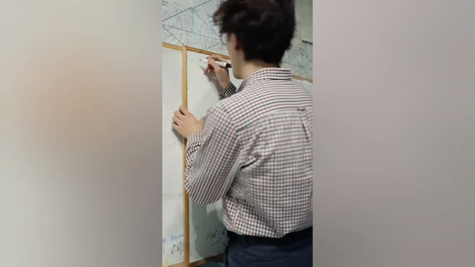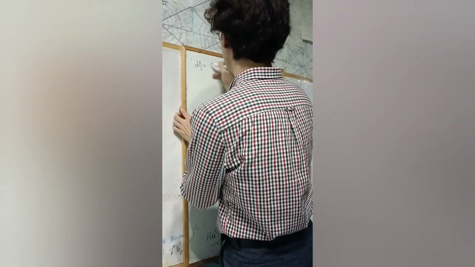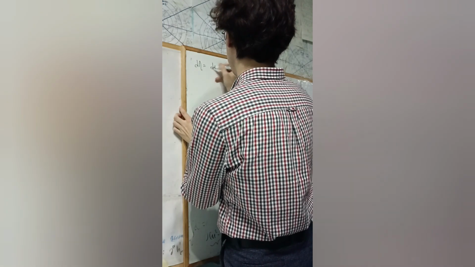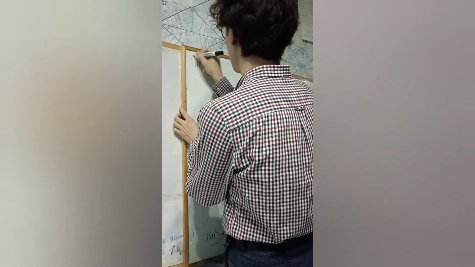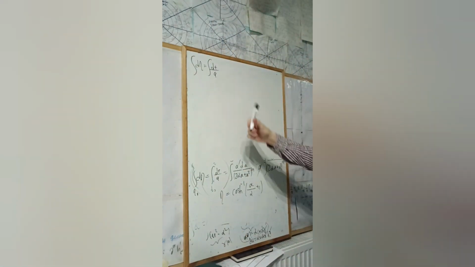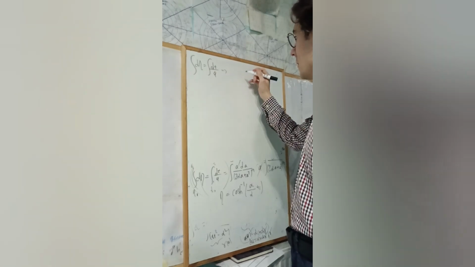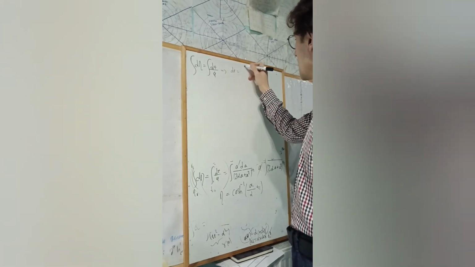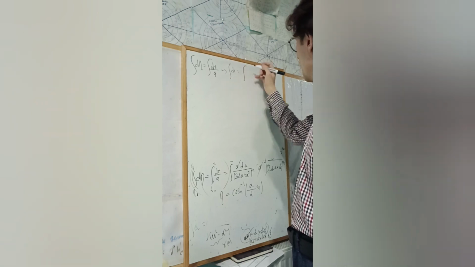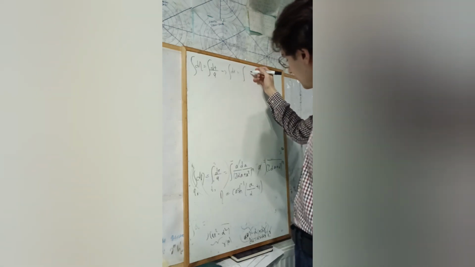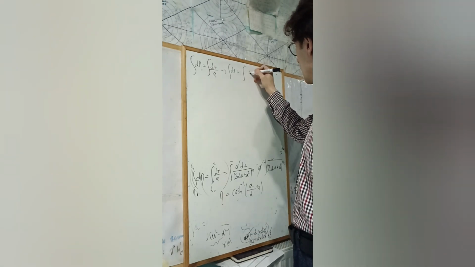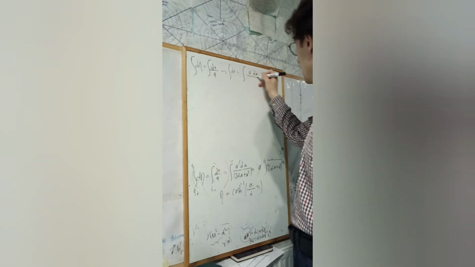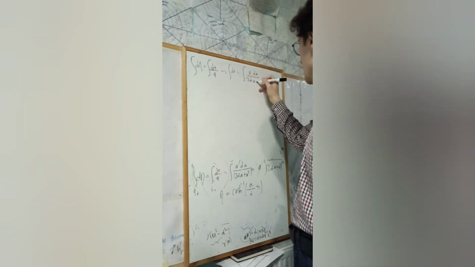Alright, let us define the conformal time again. d eta equals dt divided by a. And what we have found in the very beginning of our video is that dt was the integral of a dA divided by the square root of 2 alpha a plus a squared.